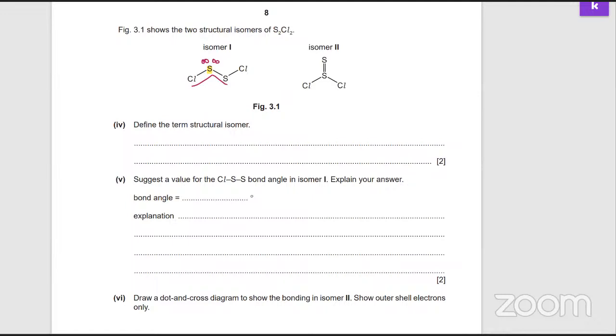It's going to be 104.5 because it's derived from a tetrahedral shape. On 2 sides it's got lone pairs, on 2 sides it's got atoms joined together. If it had 4 bond pairs, then it would be 109.5. If it's got 1 lone pair and 3 bonds, that's 107. But if it's got 2 lone pairs and 2 bonds, that's 104.5.